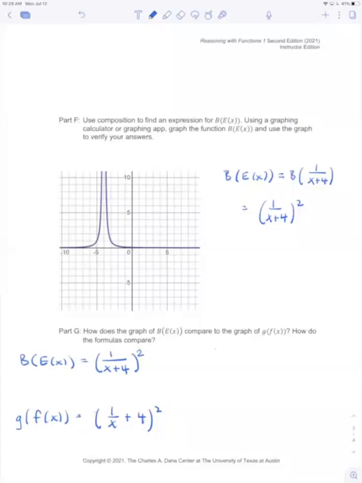How do they compare? Well, they have some similarities. The functions both have an x in the denominator. There's a fraction. They both have a plus 4. They're both being squared, but they're different functions. I mean, there's some similarities, but they're different functions. We can see that just by looking at them, and when we graph them, we can see that as well. So let's go back.